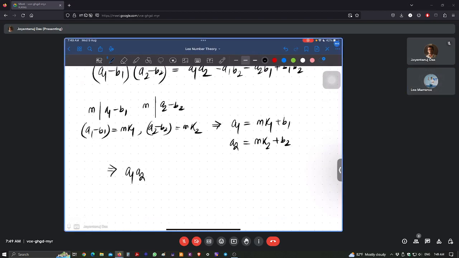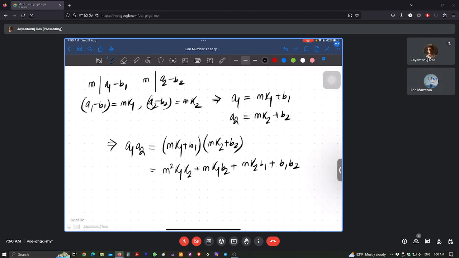So A1 A2 is equal to M times something plus B1 B2, right? So now everything, this part, the whole thing is divisible by M.